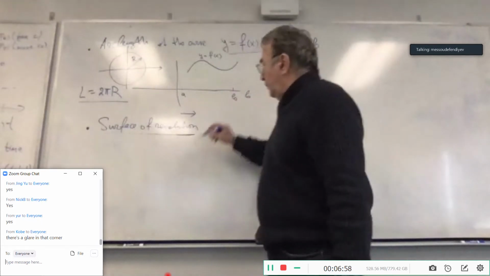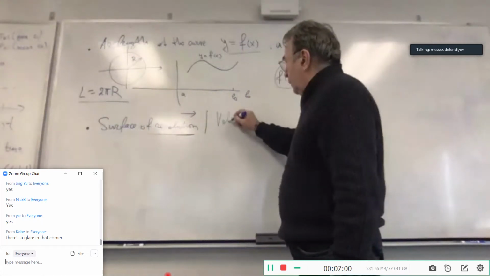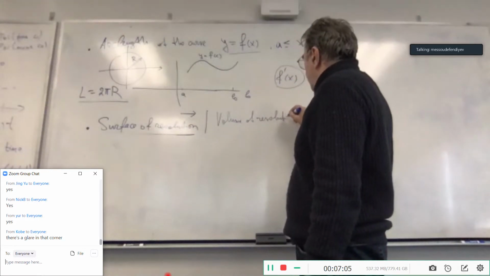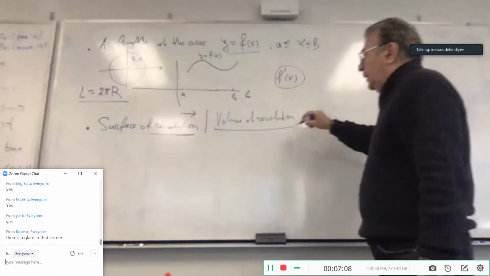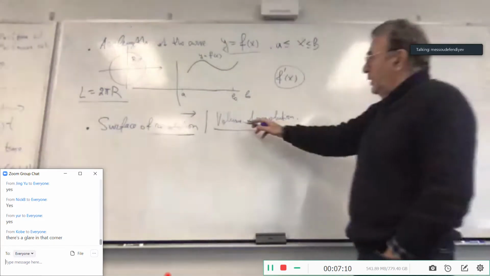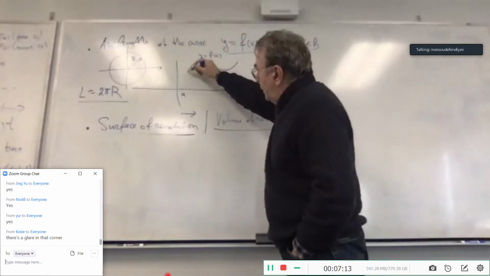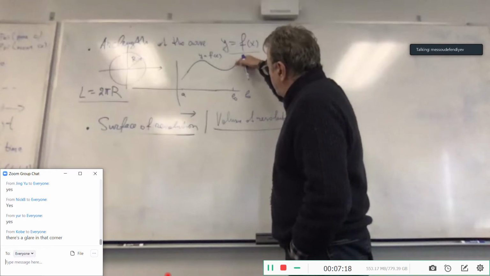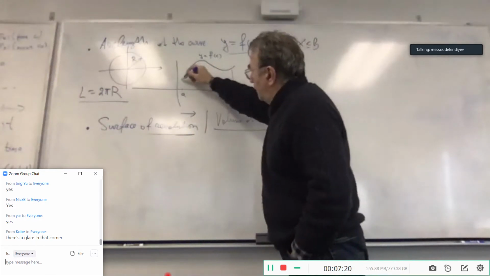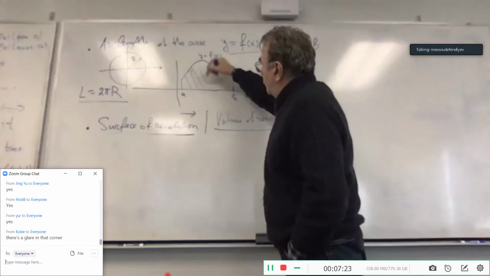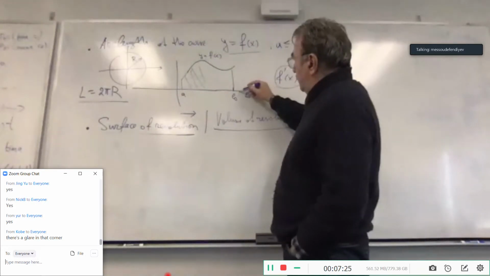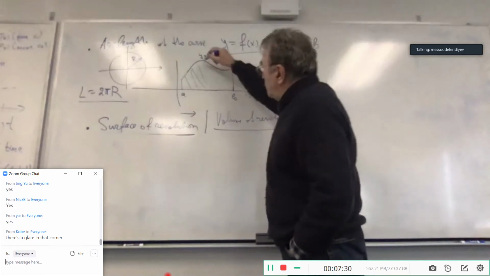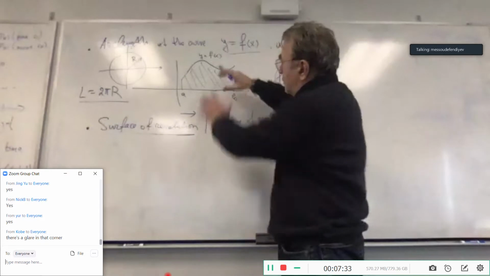Do you remember we had also the concept of the volume of revolution, right? Volume of revolution. So this is the same spirit. When we are saying the volume of revolution, we are considering the reflection, not only of this curve around this x-axis, but also what is inside, so that this is all area.